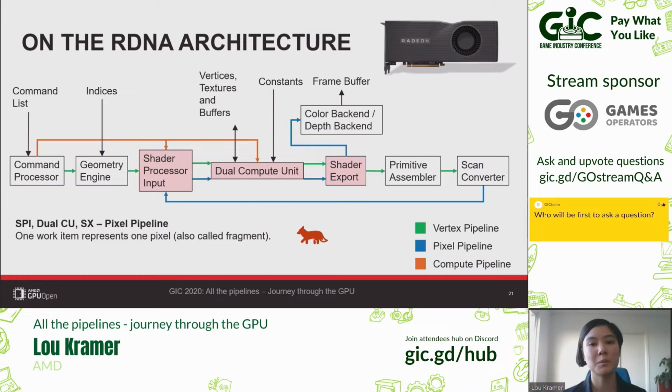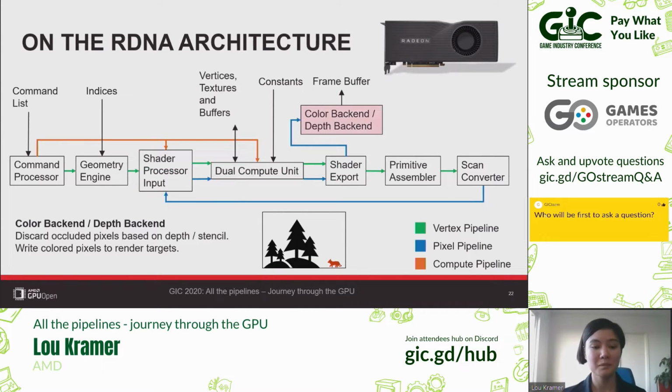Dual compute unit will process now your pixel shaders. The shader export handles now the output from the pixel shaders, which are the color information for your specific pixels, and then it goes to the color and depth backend. And this is the final output that ultimately you want to display on your monitor.